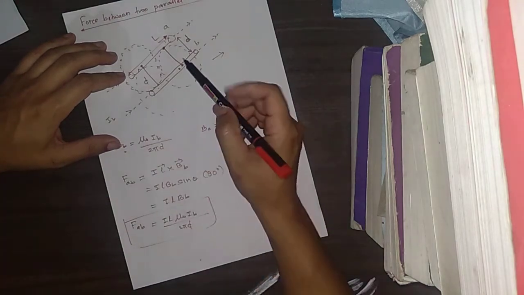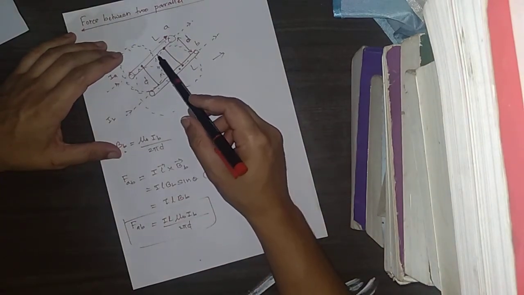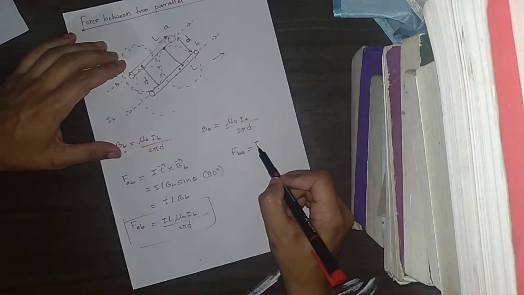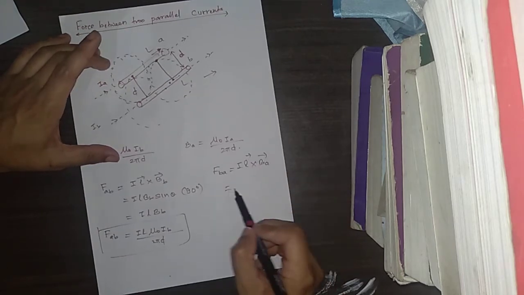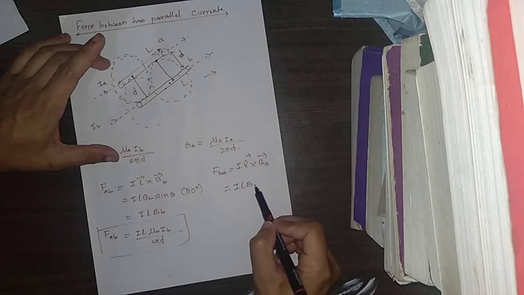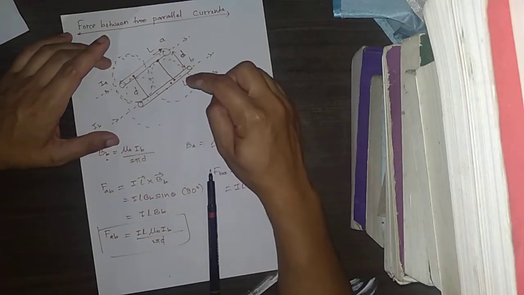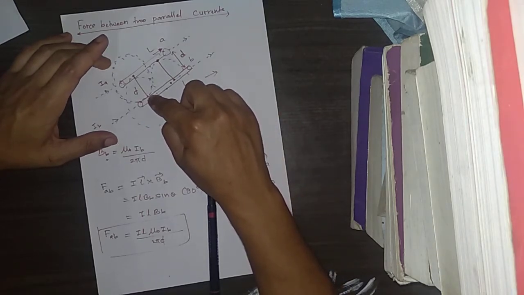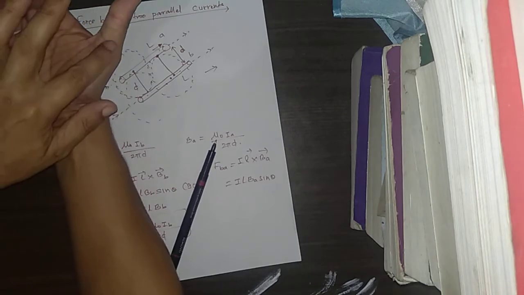Similarly, conductor B will also experience a force due to the magnetic field produced by conductor A, and it will be FBA, equal to I L cross BA, which equals I L BA sin theta. At this particular point on conductor B, the direction of the magnetic field will be downward, because the magnetic field is produced by this conductor in which the current is in this direction.